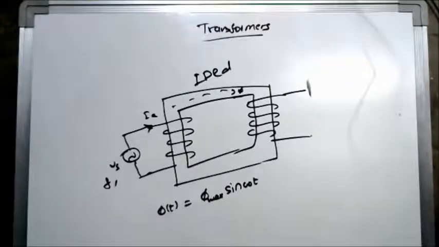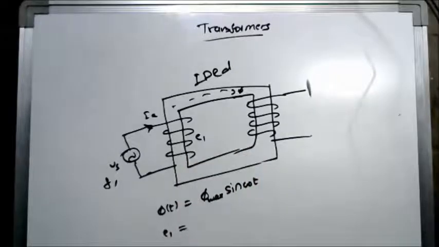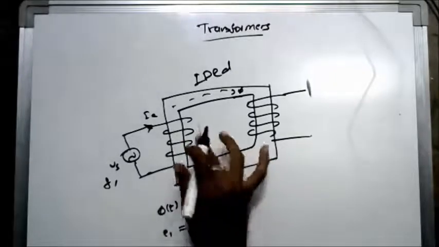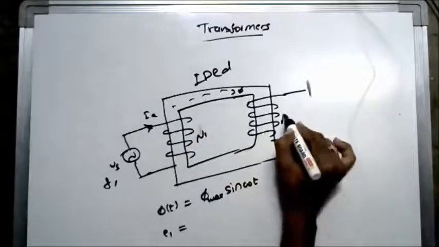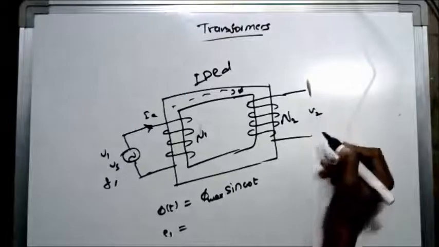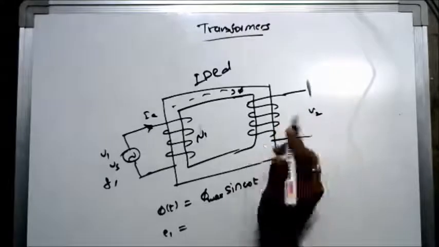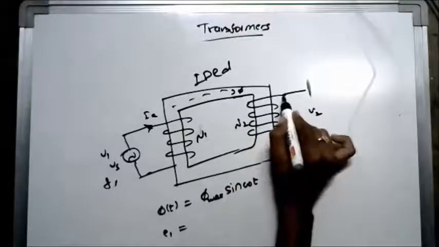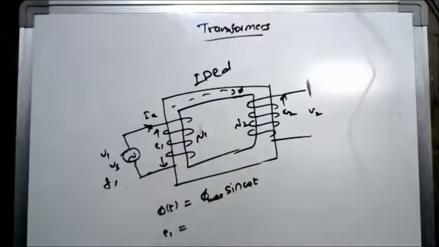According to Faraday's law, the induced voltage E1 is equal to, let us assume the number of windings at the primary is N1 and the number of windings at the secondary is N2. This voltage is V1, the primary voltage, and this voltage is V2. This is E2, this is E1.